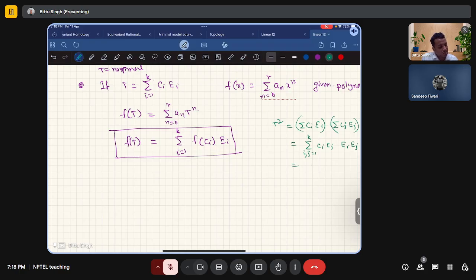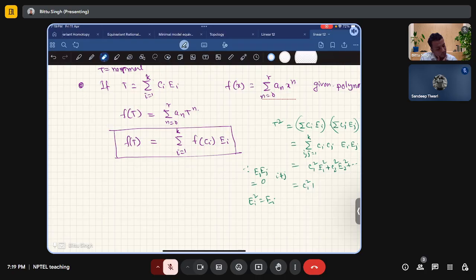Therefore only the square terms will survive. So this will be c1 square e1 square, and e1 square is the same as e1, then c2 square e2 square, and e2 square is the same as e2, like this. This is because ei times ej equals 0 whenever i is not equal to j, and another fact, ei square is the same as ei, because those are projections.